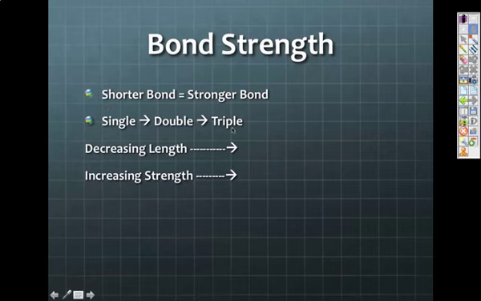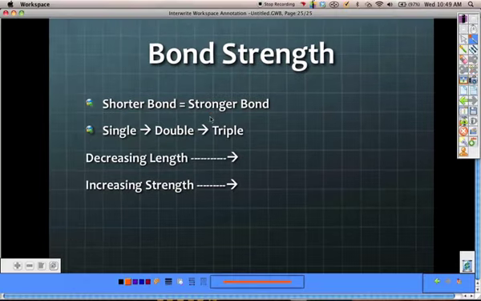The triple is the shortest, which means it is the strongest. So the decreasing length leads to an increase in strength.